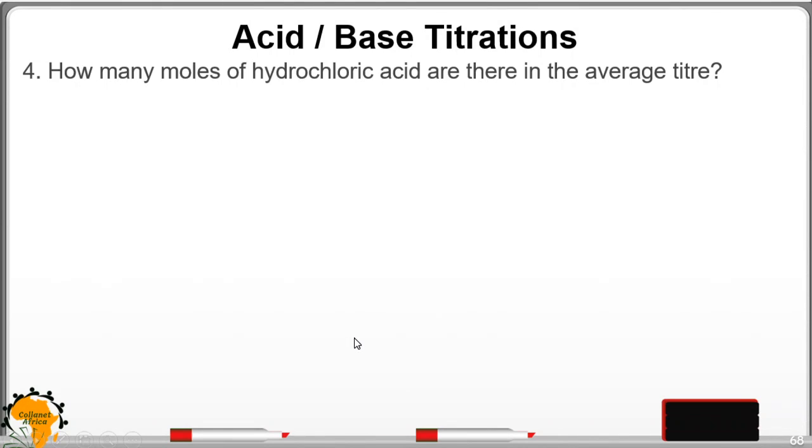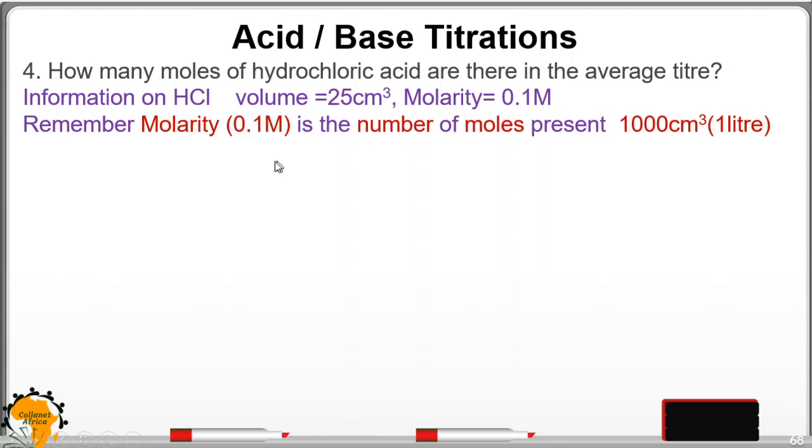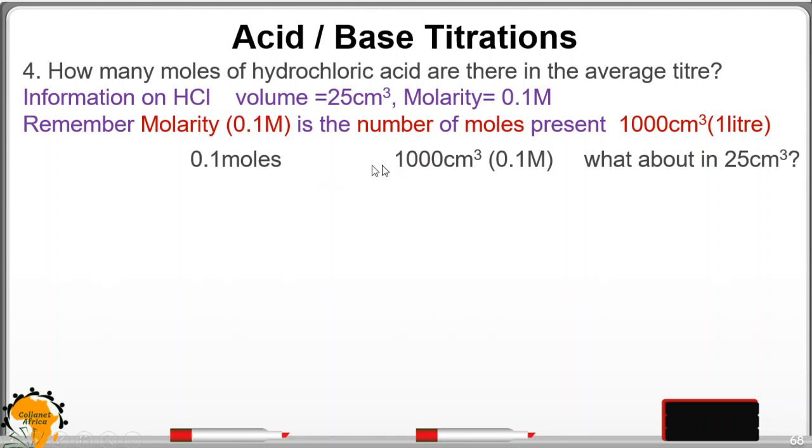We proceed to the fourth question. How many moles of hydrochloric acid are there in the average titer? We were given the information about the HCl. In this case, we have 25, the average titer from the table, and the molarity also we are given. So the molarity gives us this interpretation, 0.1 in 1,000.